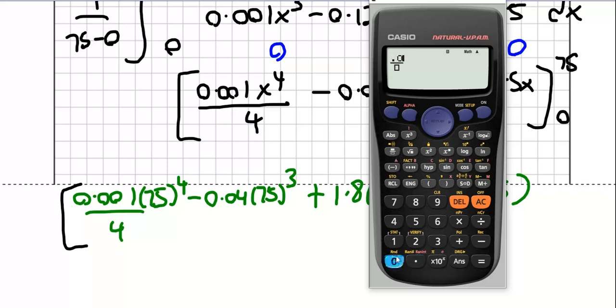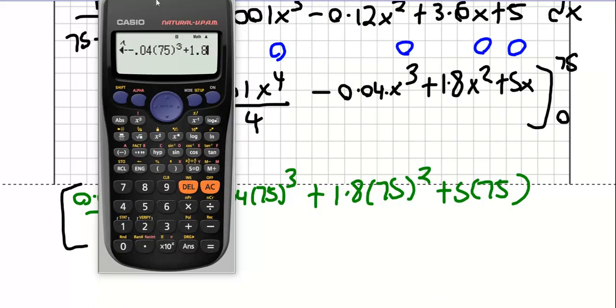So 0.001 times 75 to the power of 4 all over 4, minus 0.04 times 75 cubed, plus 1.8 times 75 squared, and plus 5 times 75.